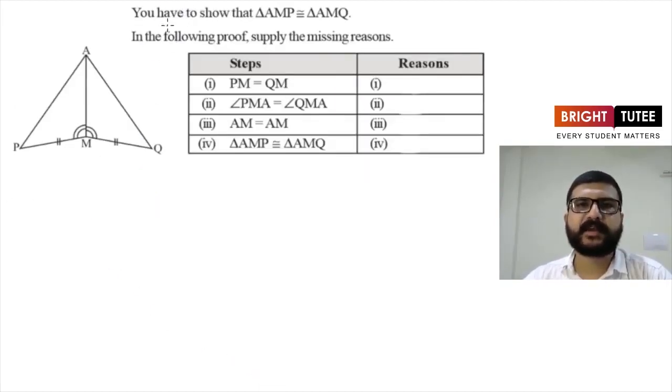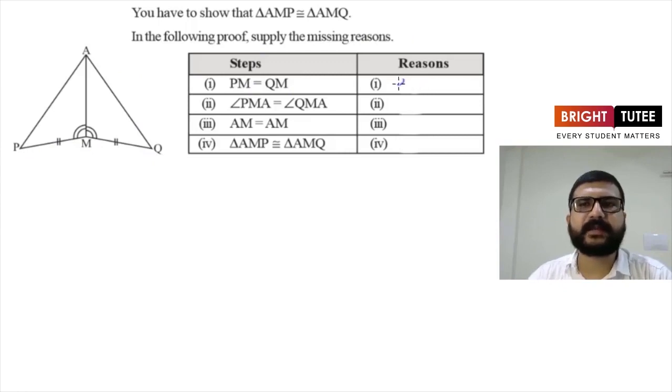Now here is the next question. The question here is, you have to show that triangle AMP, that is this triangle here AMP, is congruent to triangle AMQ. In the following proof, supply the missing information or supply the missing reasons. So here the first step is PM is equal to QM. Now as it is marked here, PM is equal to QM.